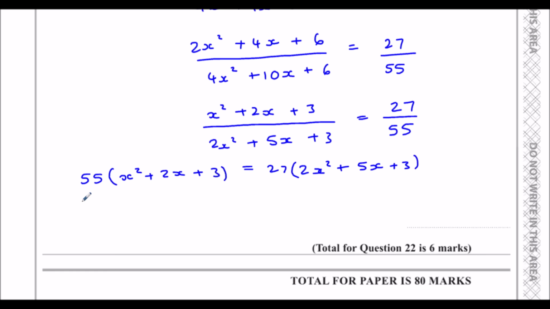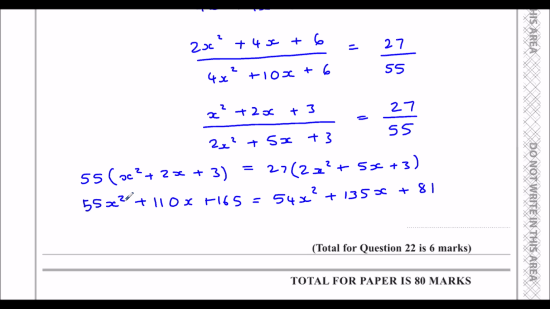Expand these brackets. So 55x squared plus 110x plus 165 equals 54x squared plus 135x plus 81.